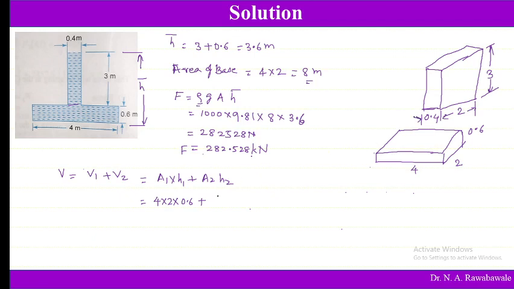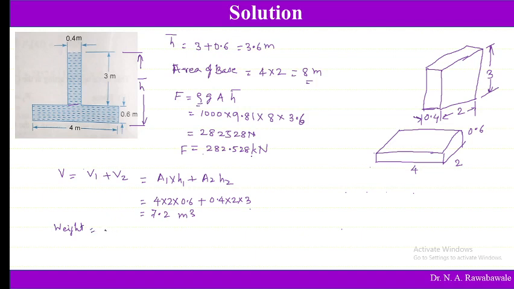So now area is 0.4 into 2 into h is 3. So this volume we can calculate as 8 into 0.6 plus 0.4 into 6, which is 7.2 meter cube.